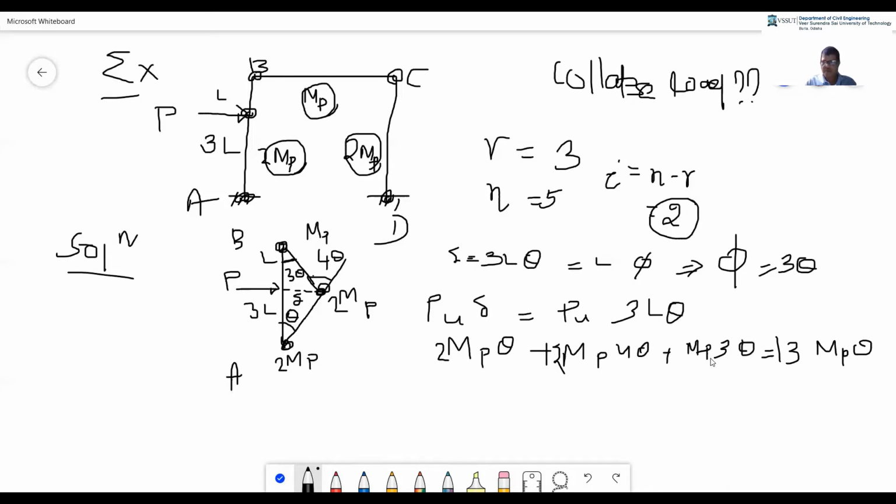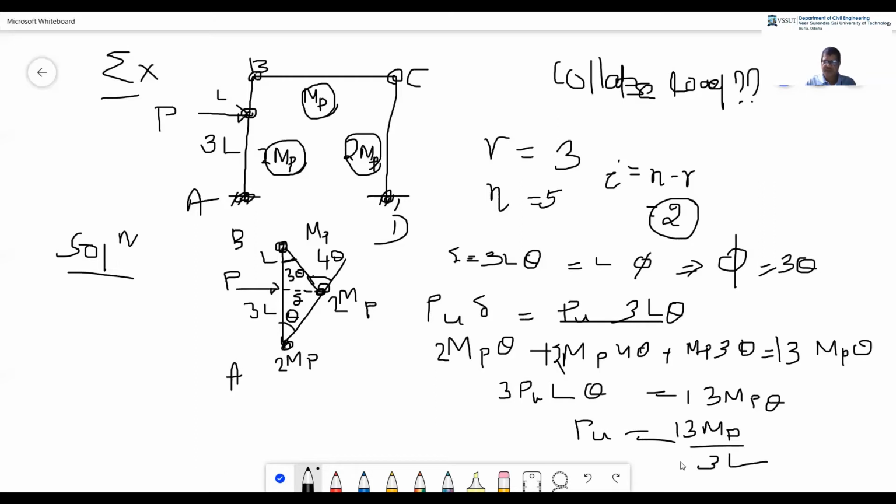Now what will we get as the value of Pu? Equate this: Pu into 3L theta is equal to 13 MP theta. So the value of Pu will be 13 MP by 3L. This is the value for the first case.